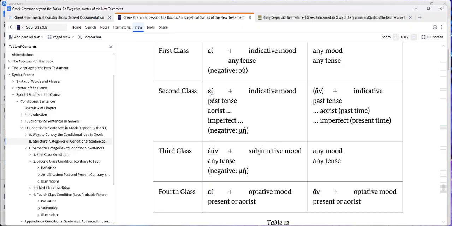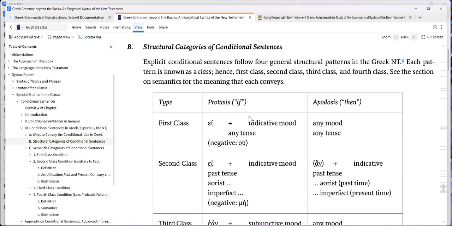It has an indicative mood, that you're going to have the protasis, and it's either in the indicative mood or it can be in any one of these, plus the indicative mood in either past tense.